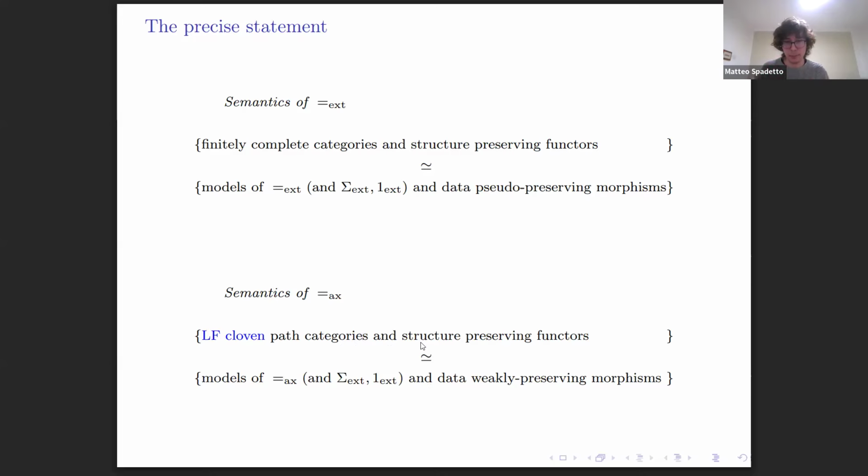So in the process of applying this equivalence, we strictify our cloven path categories, precisely as it happens in the result by Clairambault and Dybjer, with the only difference that here we have hidden the right adjoint splitting, while here we have hidden the left adjoint splitting.